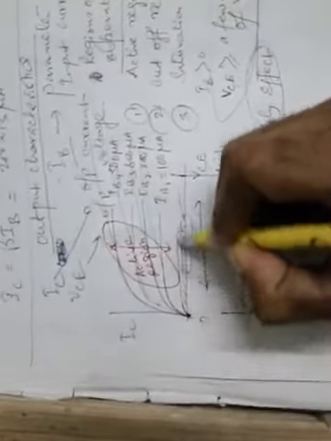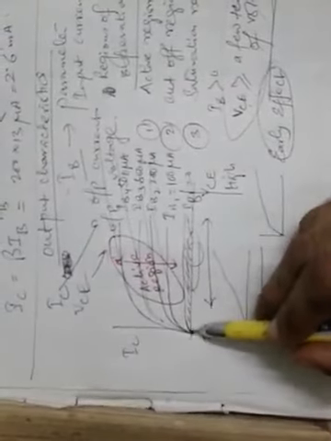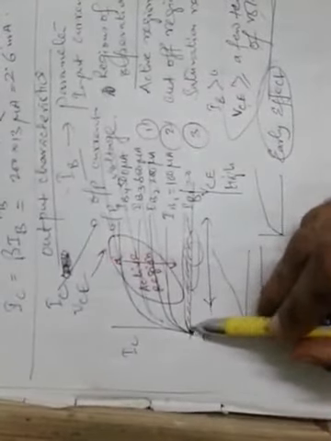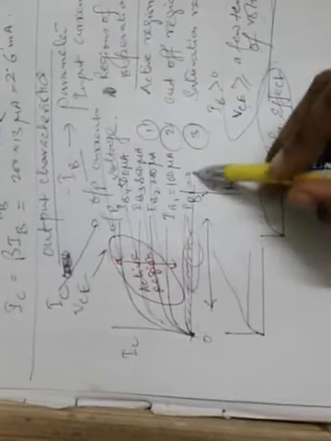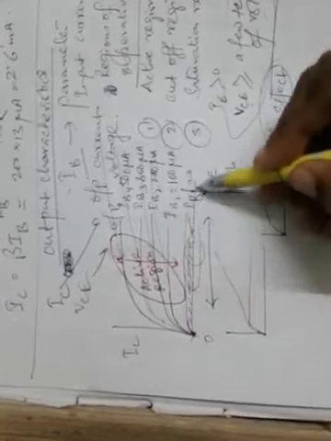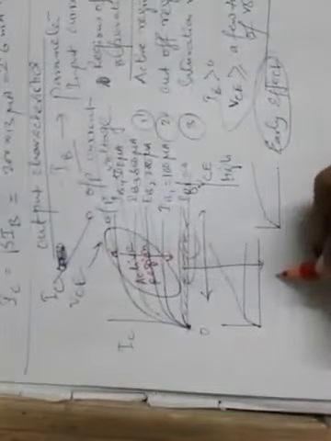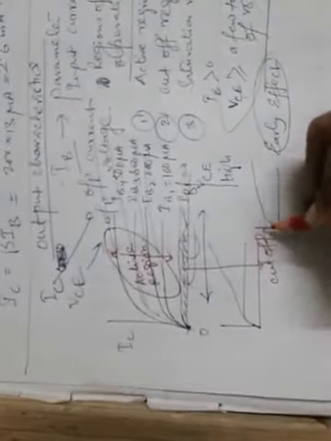There will be a very low value of IB, almost equal to 0, and the curve will be almost flat immediately from the origin. For IB equal to 0, the region below the IB equal to 0 curve is called the cutoff region. Here IC will be almost equal to 0 because both the emitter junction and the collector junction are reverse biased.